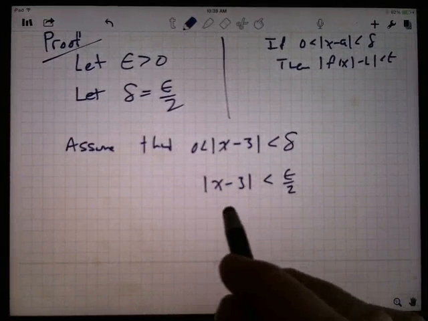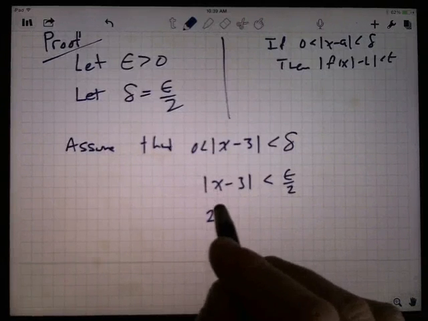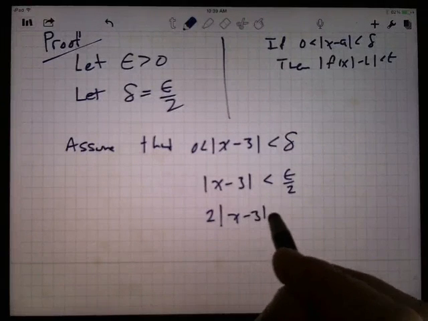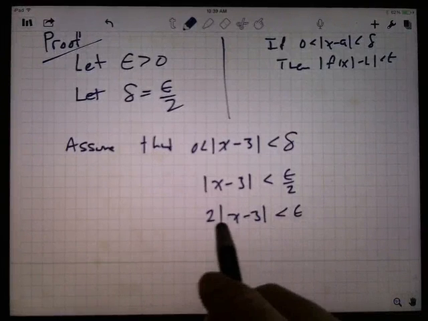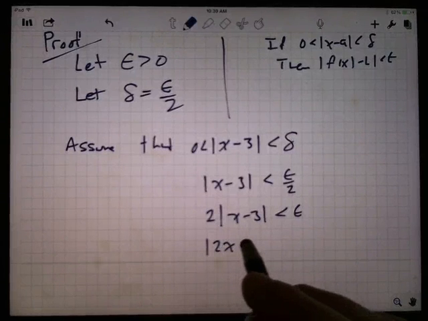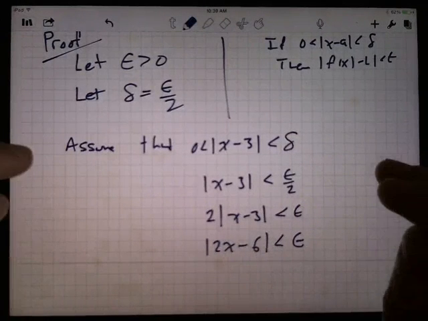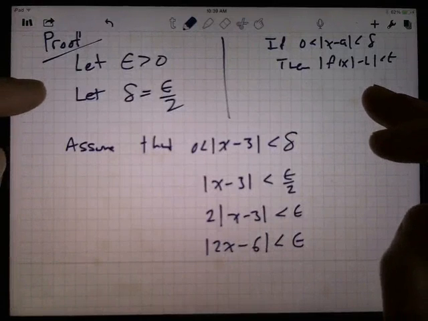This is equivalent to, actually multiply both sides by 2. So I've got 2 times the absolute value of x minus 3 is less than epsilon. Distribute the 2 inside there. So that's the absolute value of 2x minus 6 is less than epsilon. And all of a sudden I'm starting to see, wait a minute, I was here before.